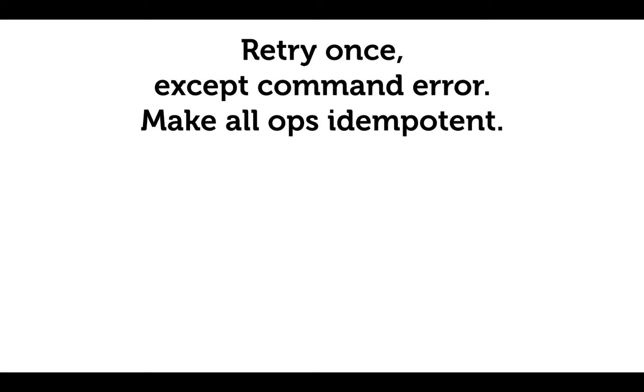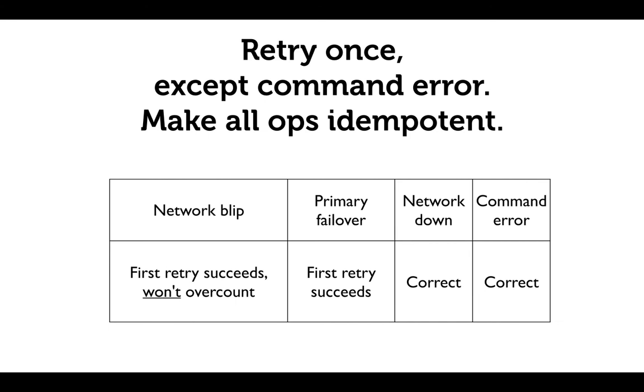You can safely retry them without any danger of overcounting or any other kind of incorrect data that results from replaying the operation. So if we can make all of our operations idempotent, then we are correct in the face of all four kinds of errors because we cannot risk overcounting. Even if we do that update twice, we'll have the same outcome as doing it once because that's the definition of idempotent.